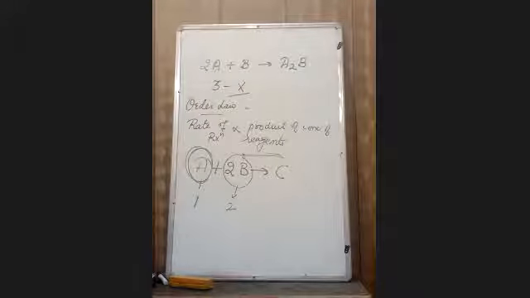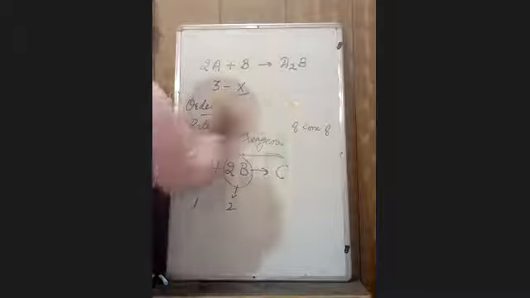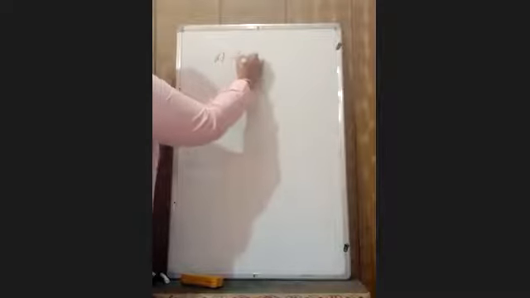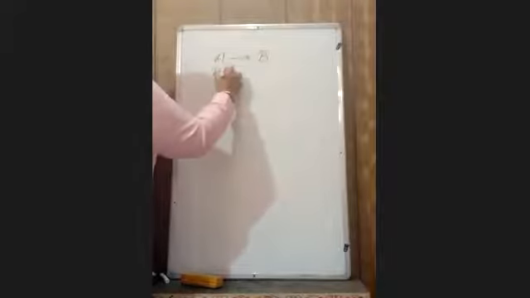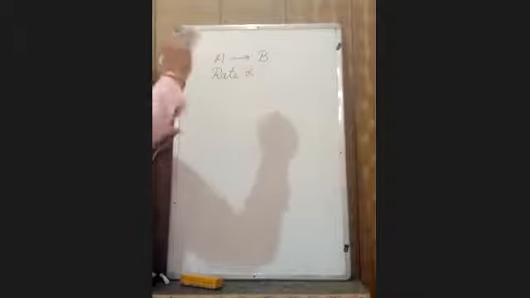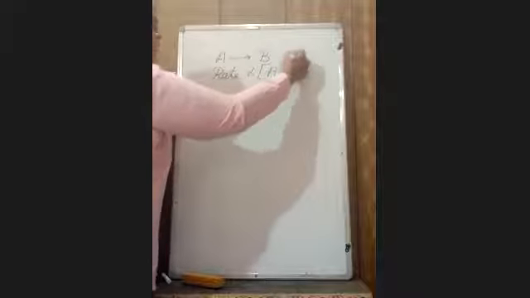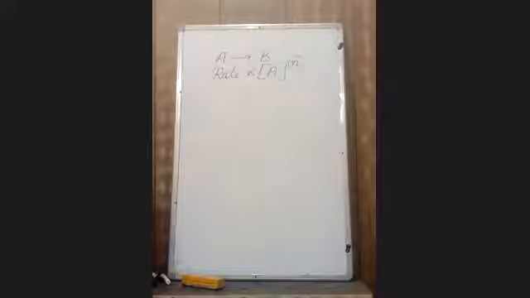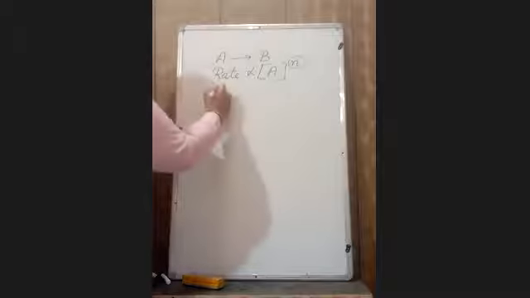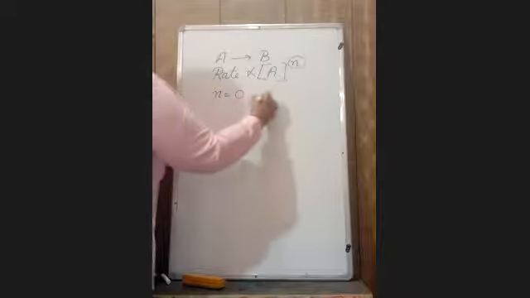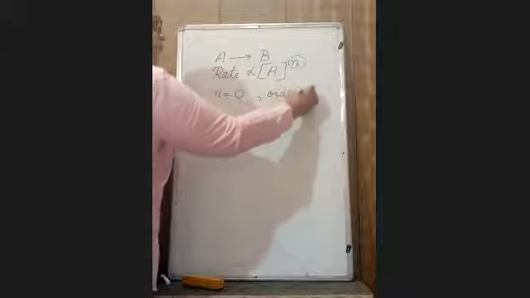Now, suppose in any general equation, A gives us B, and suppose the rate of this reaction is directly proportional to the concentration of A raised to some power, which is N. I don't know what the order of the reaction is. Suppose N is equal to 0, so your order is 0.